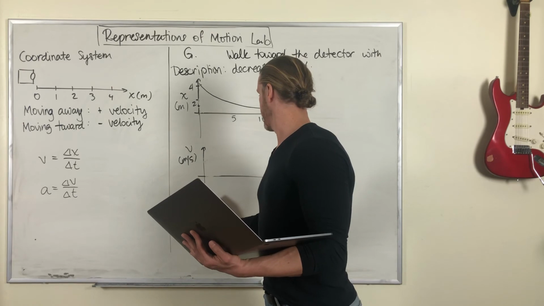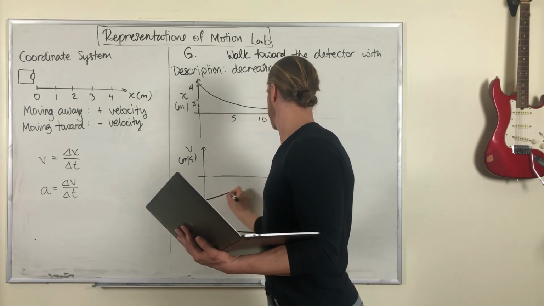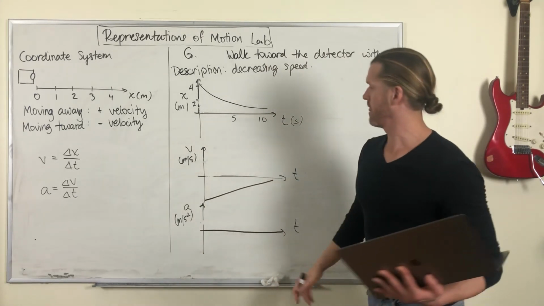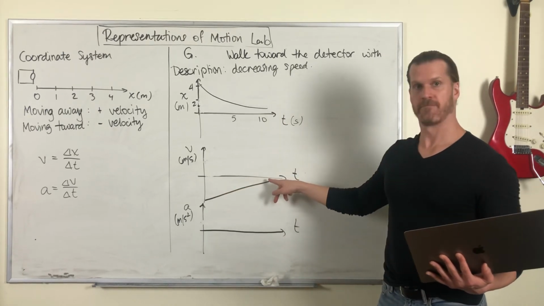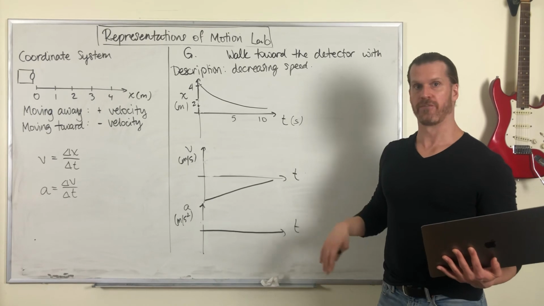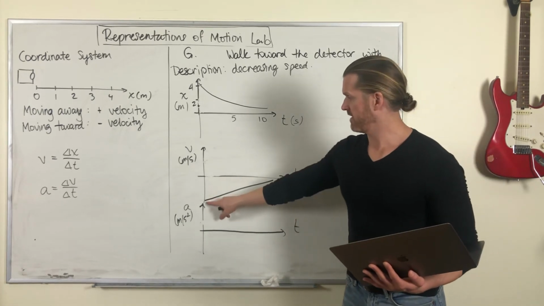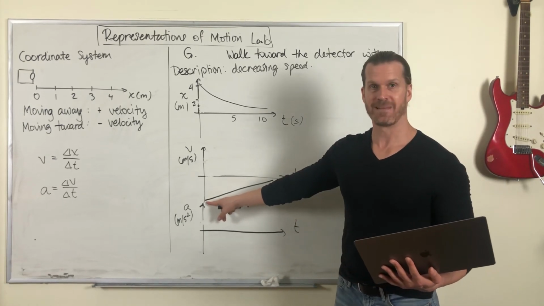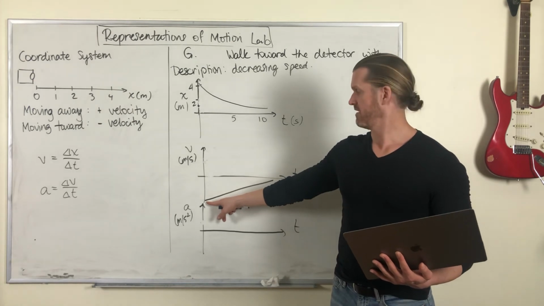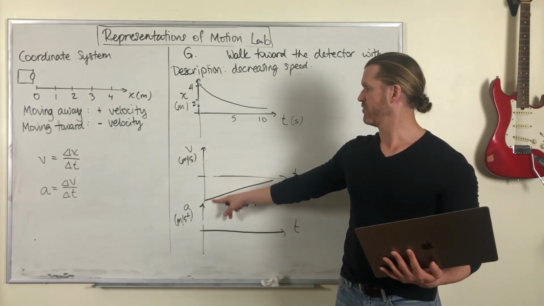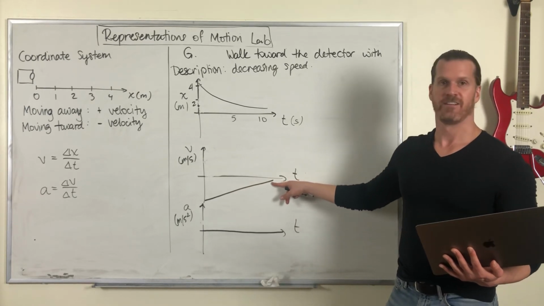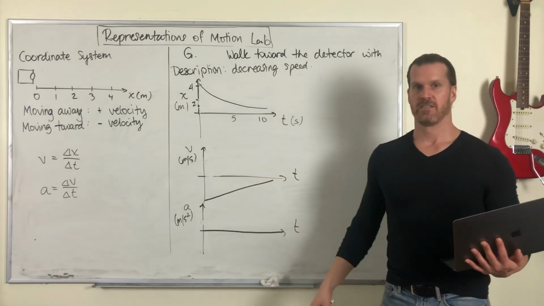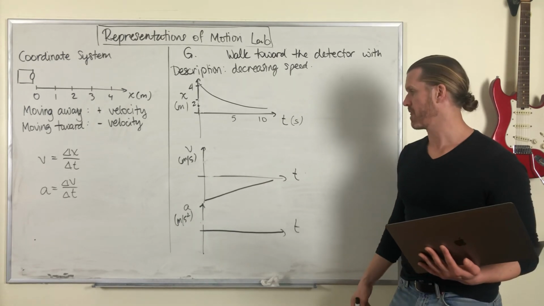We can sum all that up with a graph that looks like this. It's negative the whole time. This whole graph is below 0. It has a large speed to begin with, and as you move toward the detector, that speed gets smaller, it gets closer to 0, but stays negative the entire time.